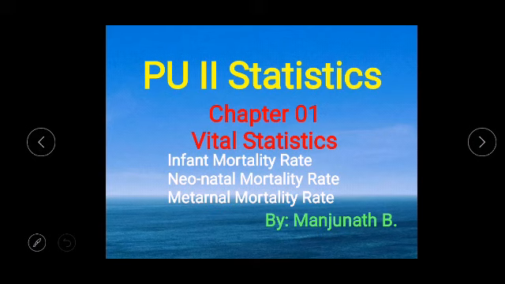Dear students, in last classes we discussed three mortality rates: CDR, crude death rate; ASDR, age specific death rate; and STDR, standardized death rate. They are unique as they take the total population into consideration, that is, total deaths irrespective of age and gender, and total population.